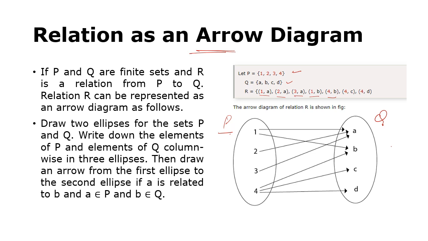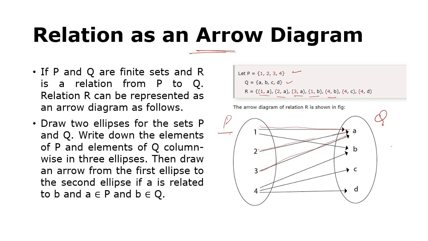So what we do is we put arrows. We do not put simple lines, we put arrows to indicate that this is a relationship from this set to this set. See, 1A is there, so we draw an arrow from 1 to A. We draw a line from 2 to A. We draw a line from 3 to A. So you can see over here, there is a line from 1 to A, from 2 to A, from 3 to A, right?